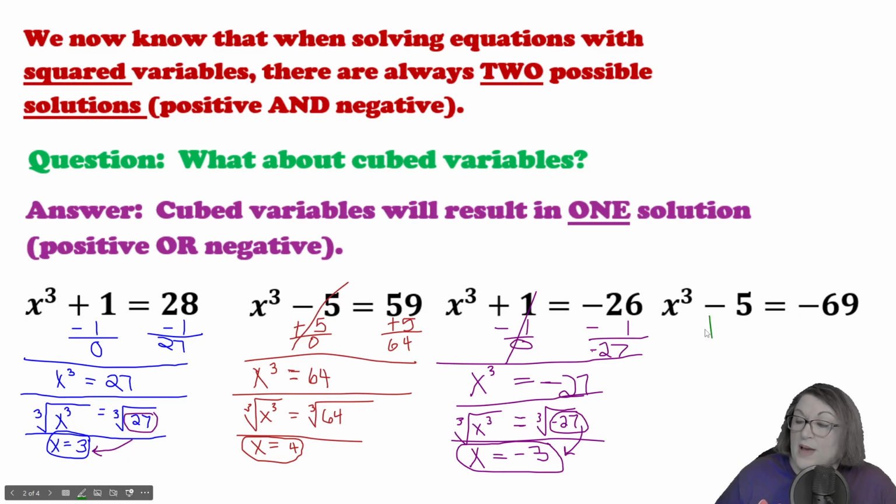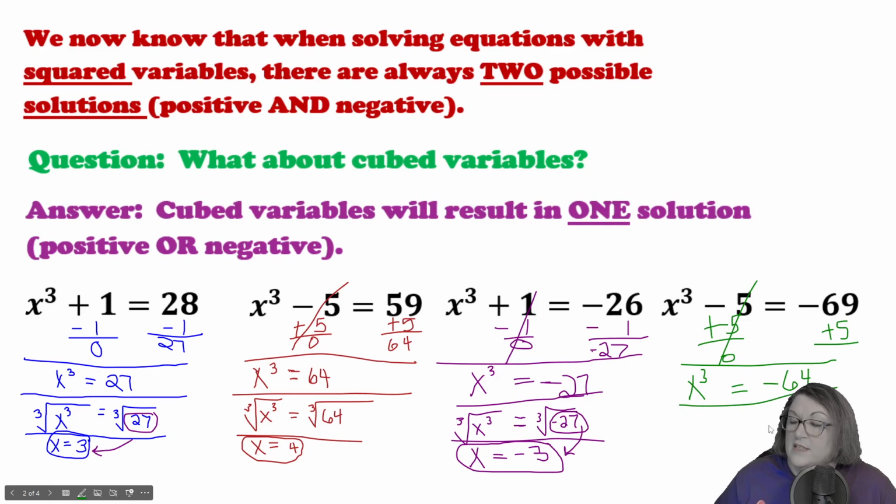We're first going to add 5 to both sides because inverse operations. All right, and this is going to cancel out and give us just the x to the third power on the left side of the equals. And then over here, we end up with negative 64 because negative 69 plus 5 is negative 64.